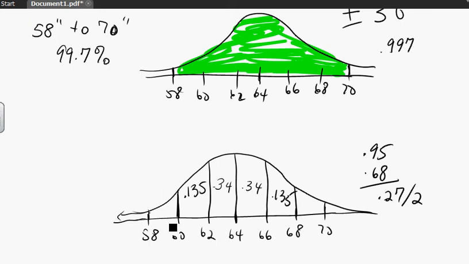So how about the little piece between 58 and 60? 0.025? 0.0235? 35 or 45? Come on.